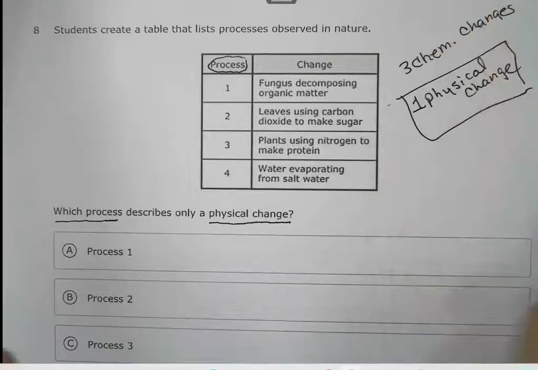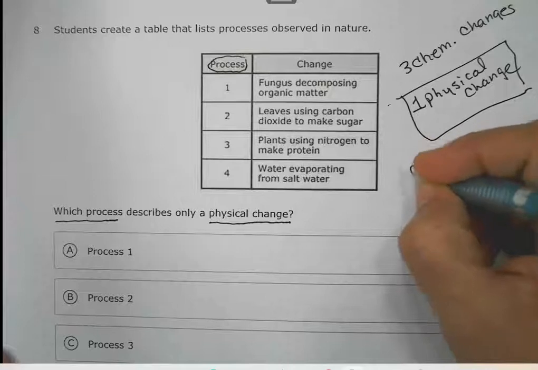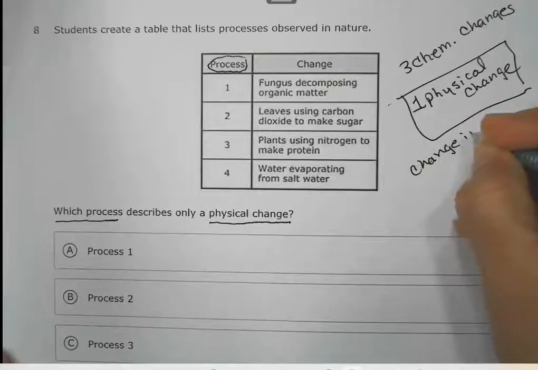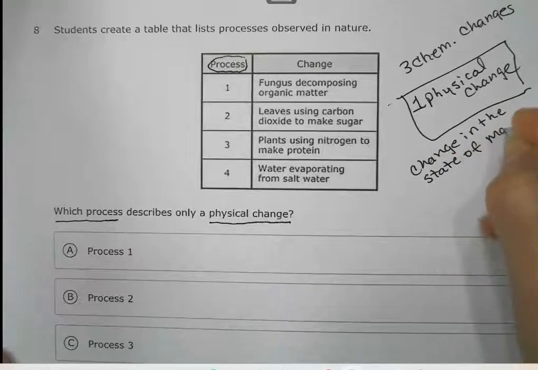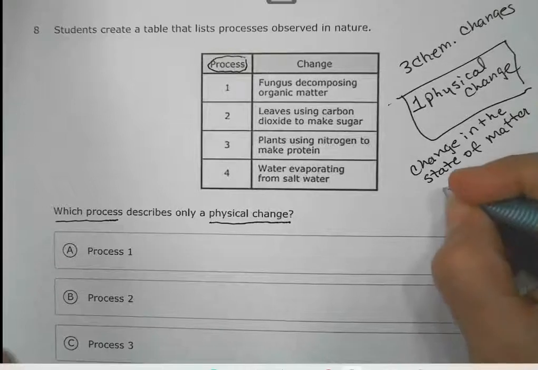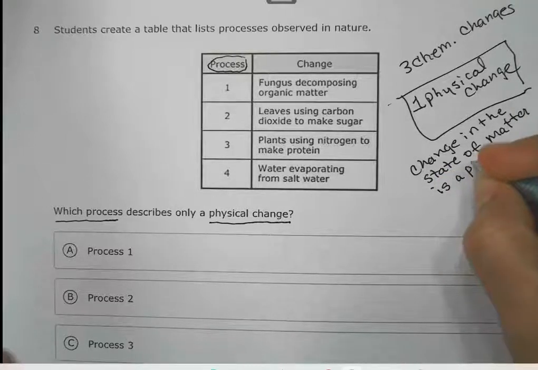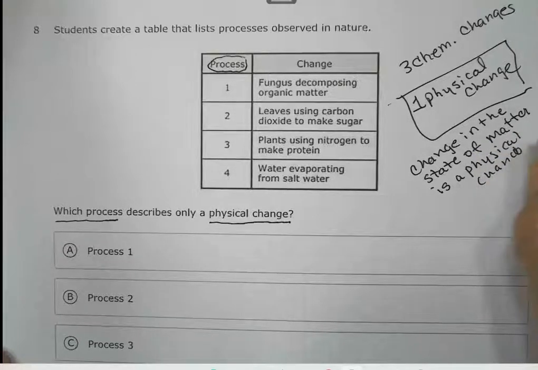I know that we've gone over chemical changes all the time, and I've always told you guys, when we're talking about physical changes, sometimes we think color change, the change in size. But something that I've told you, keep these in mind: a change in the state of matter is a physical change, not a chemical change.